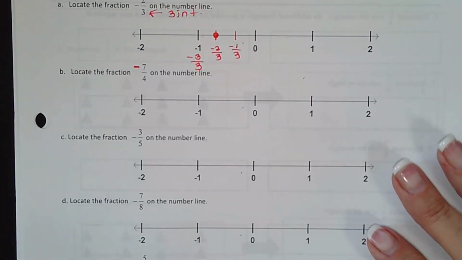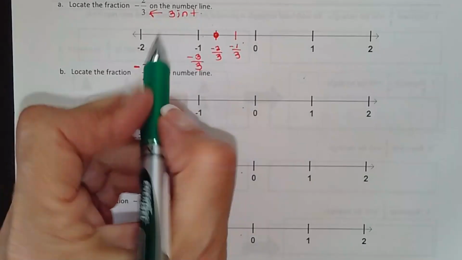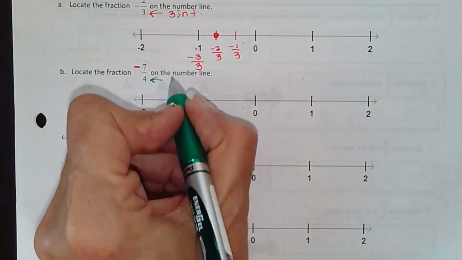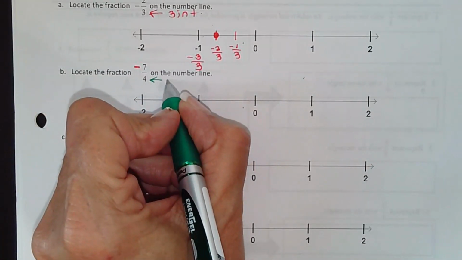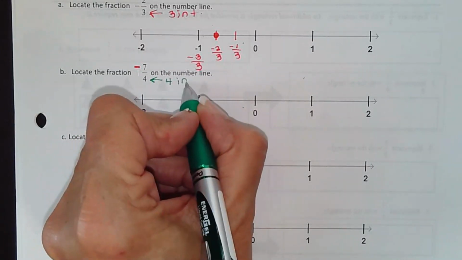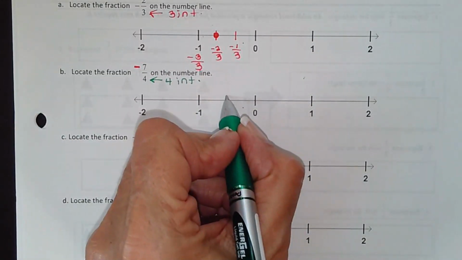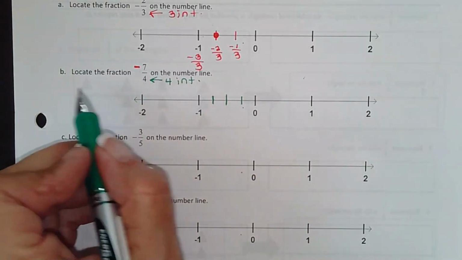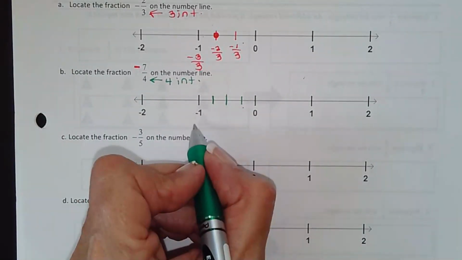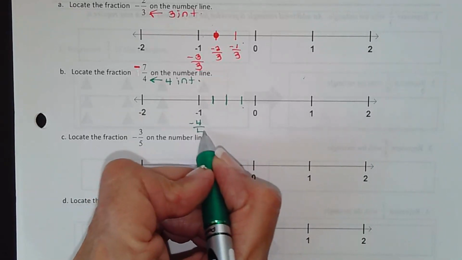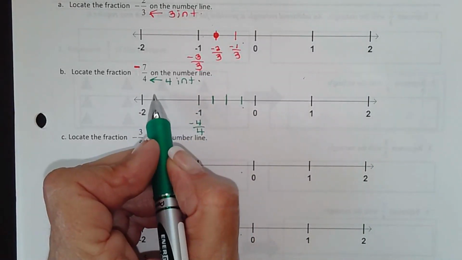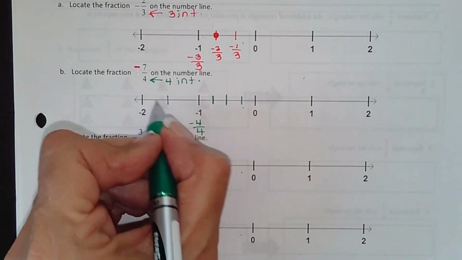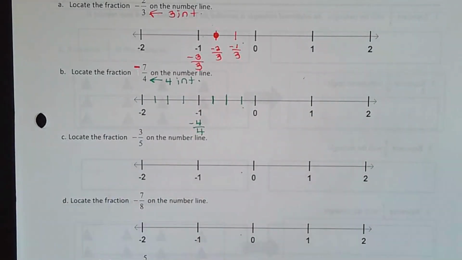-7/4. So we need 4 intervals in between each whole number and its opposite. So in between 0 and -1, 4 intervals, and I can see this one's going to be to the left of -1 because -1 is -4 fourths, and -7 fourths is going to be over here. So I also need to label this interval.